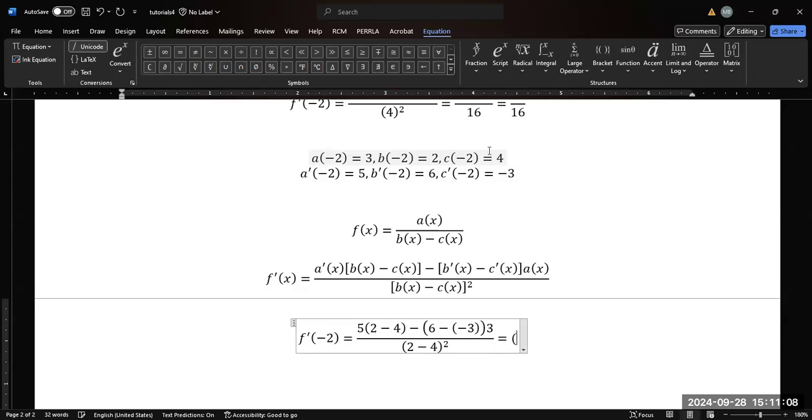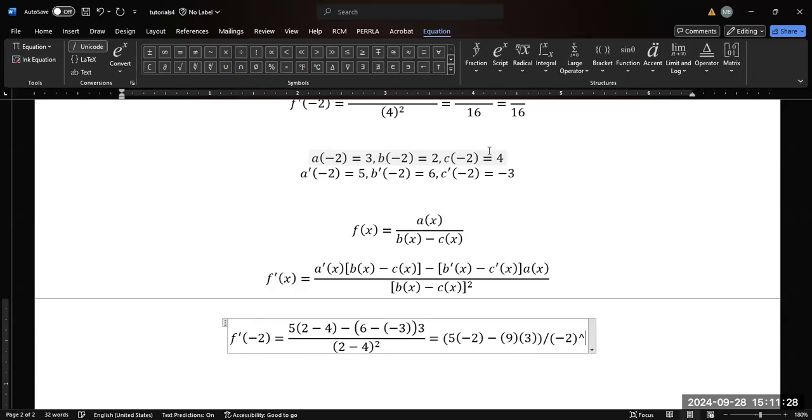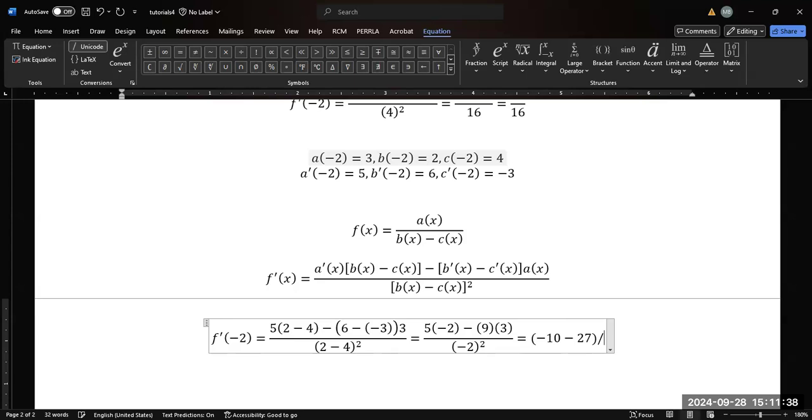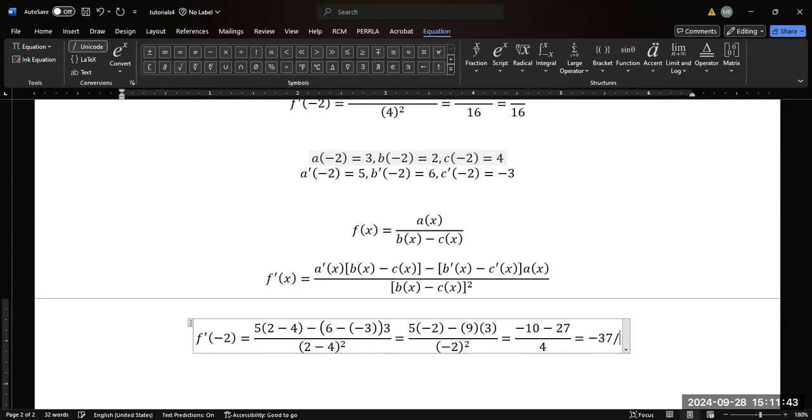And so if we do some arithmetic, we get 5 times -2, minus 6 minus -3 is 9, times 3, divided by -2 squared. And we're going to end up with -10 minus 27 all over 4, which is going to be -37 over 4.